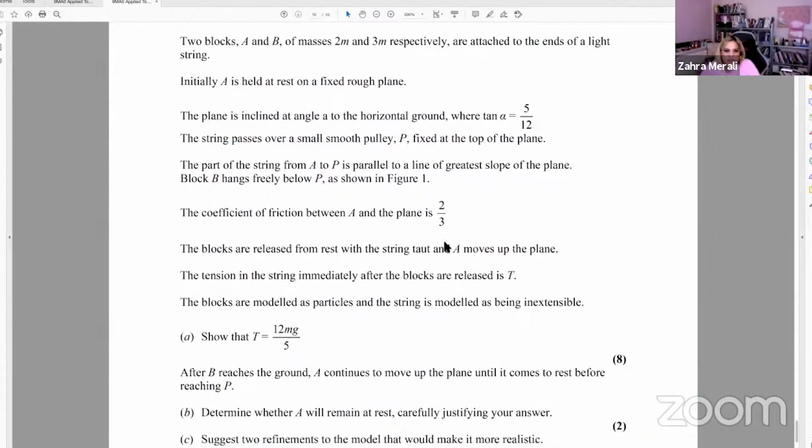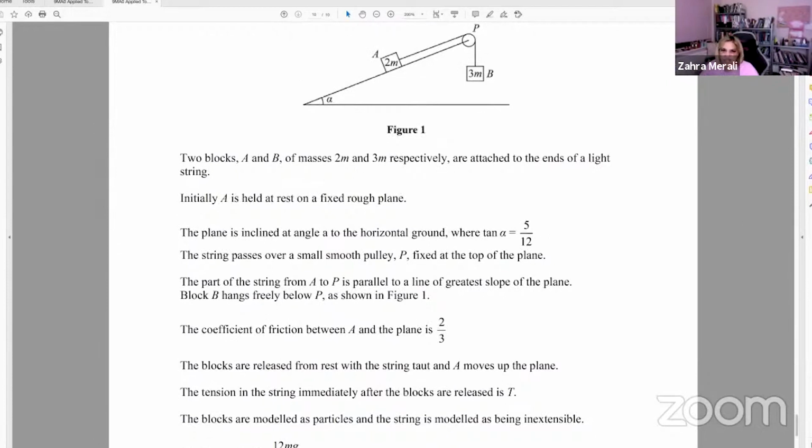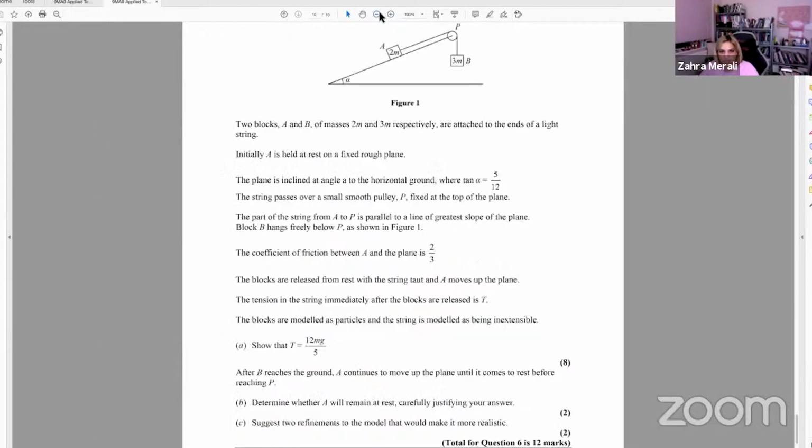After B reaches the ground, A continues to move up until it comes to rest. Before reaching P, determine whether A will remain at rest. So again, this is to do with friction. If the friction is more than the force that's pulling it down, then it will remain at rest.